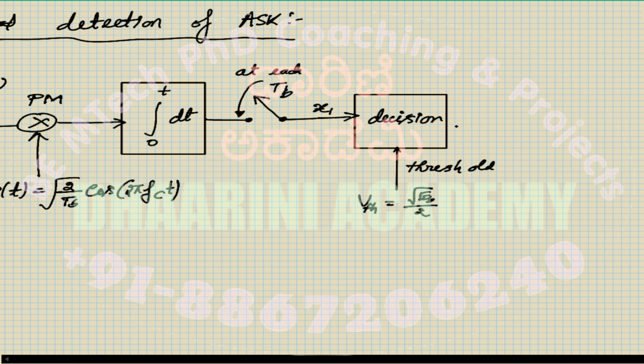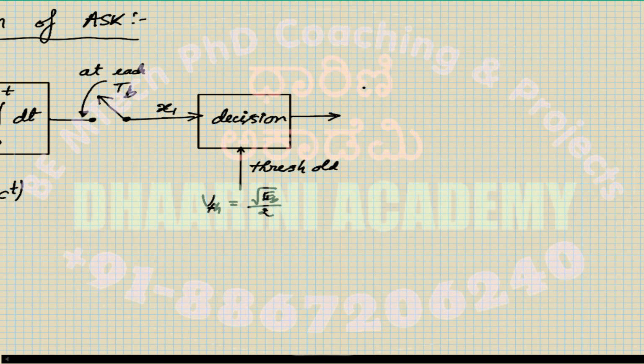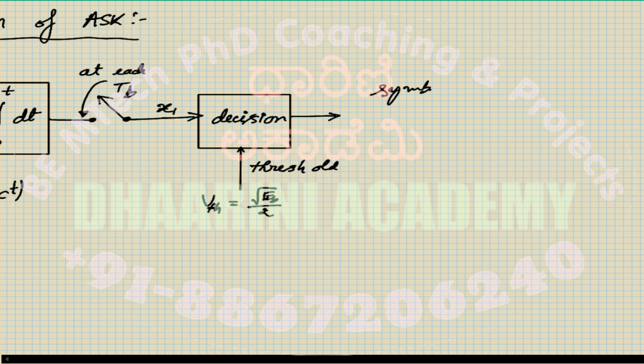Now the x1 is compared with this V threshold to make a decision. So this is the output, and here we write what the decision could be. The decision taken is symbol 1 for all the values of x1 greater than V threshold.